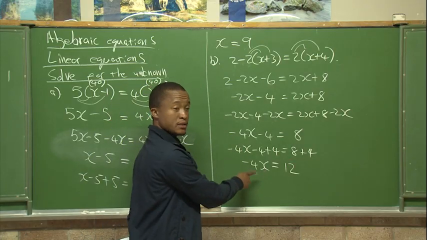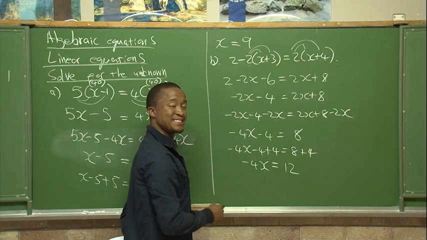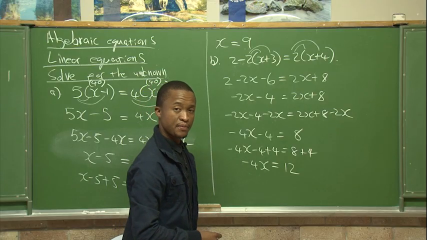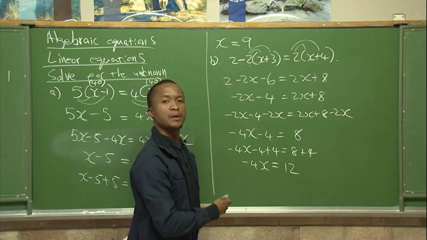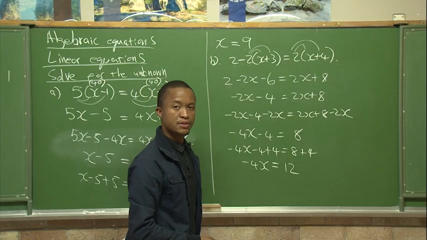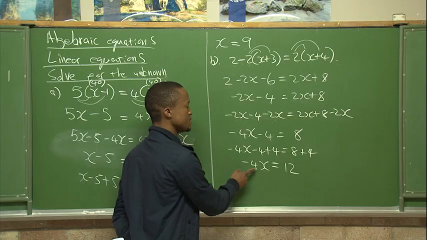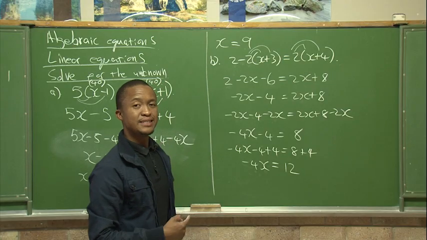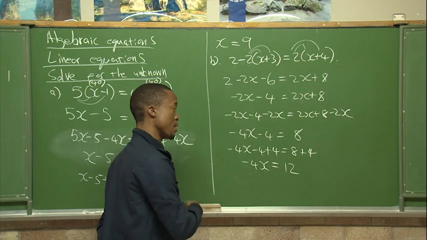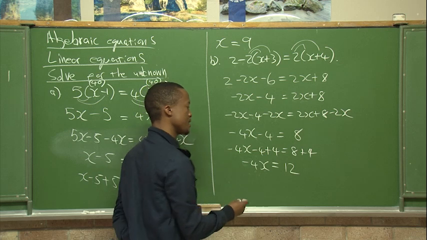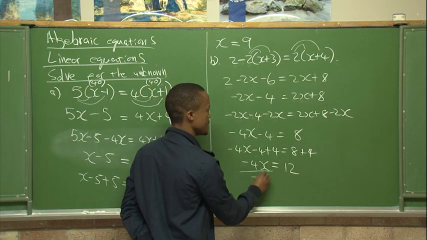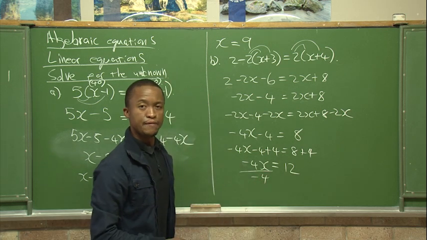To isolate for x, we multiply by the multiplicative inverse of negative 4, and that's the same as dividing by the coefficient of x. So the multiplicative inverse of negative 4 is negative a quarter, so we multiply both sides by negative a quarter, and as I said, that's the same as dividing by the coefficient of x.